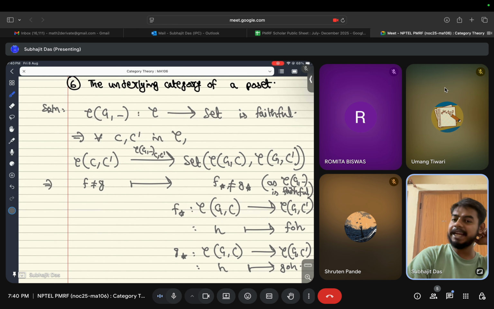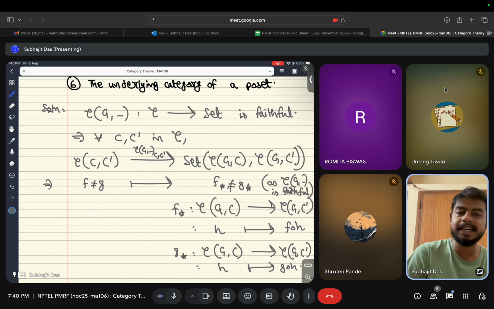This implies that for any two maps F, G in the source C(C, C prime), the images F star and G star are unequal when F and G are unequal.